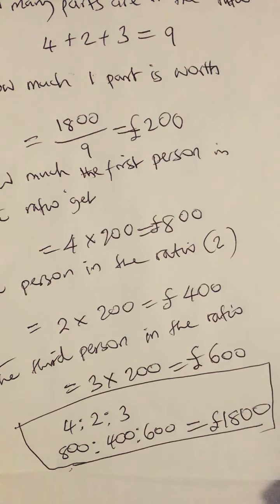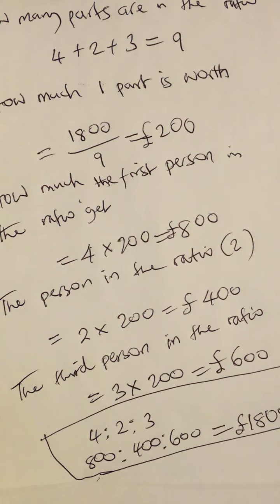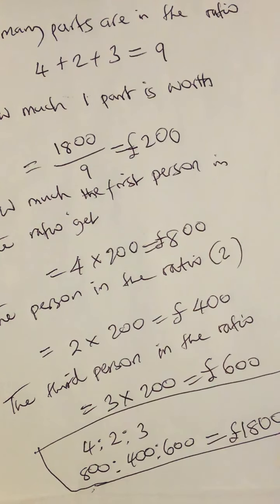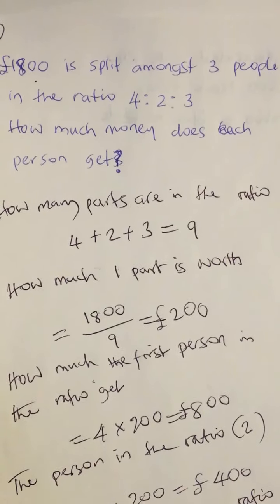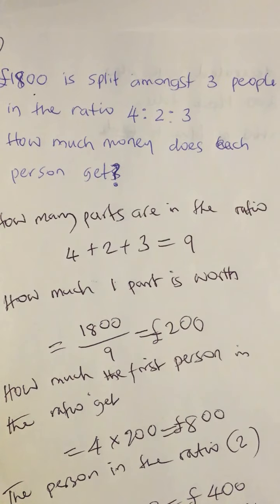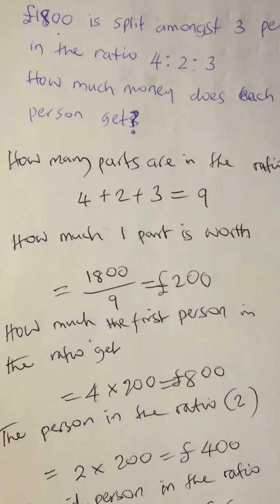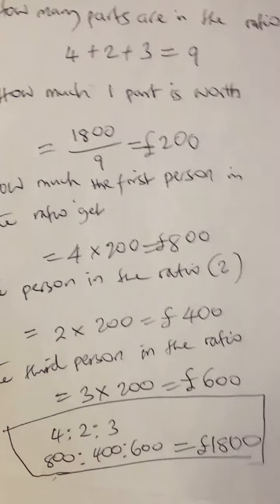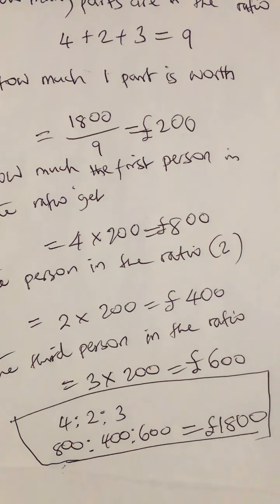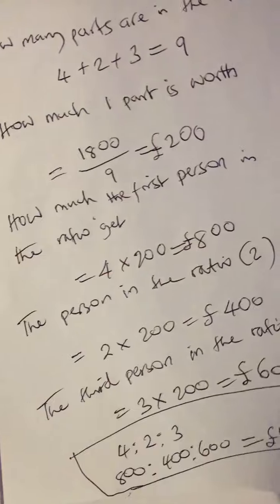So this is just a simple ratio and proportion calculation. As you can see, it's quite easy if we understand what we are being asked to do. So we'll proceed to do another simple example. All this is just to help you understand what we're supposed to do.